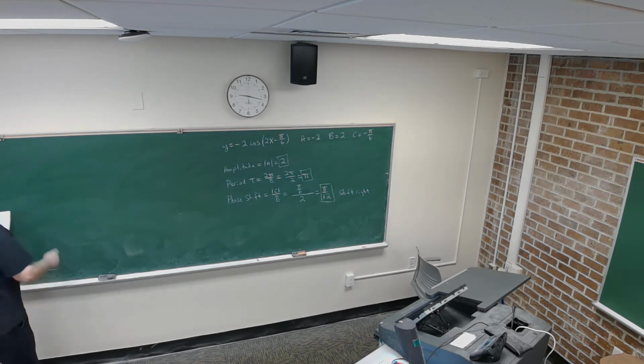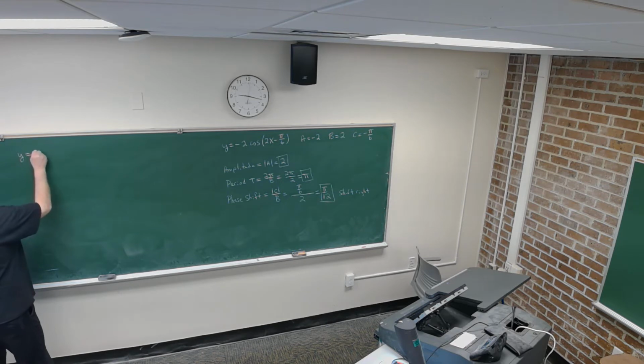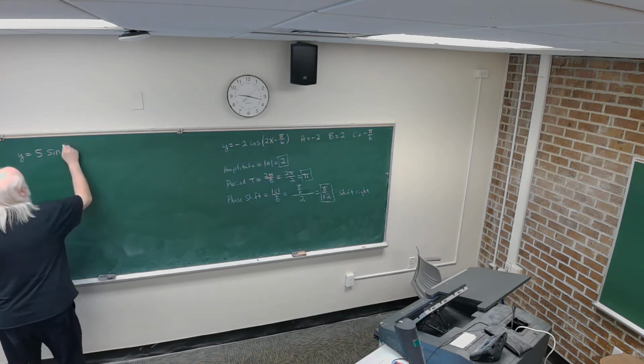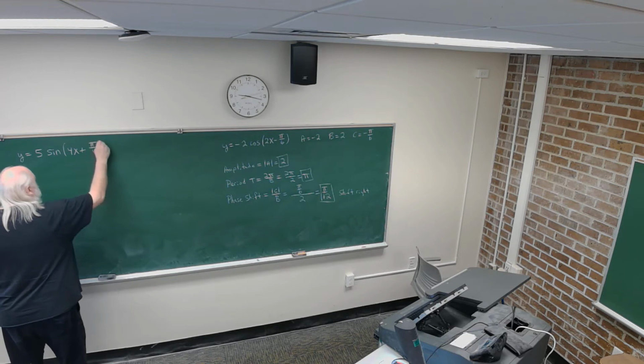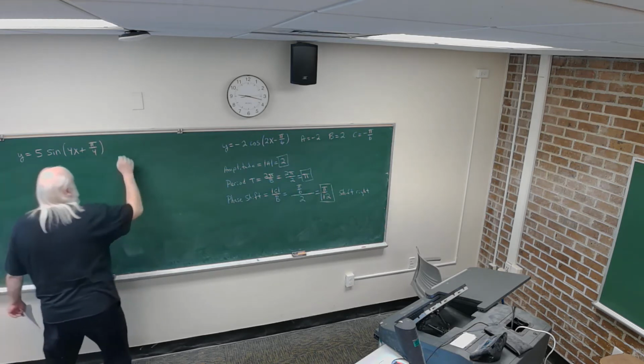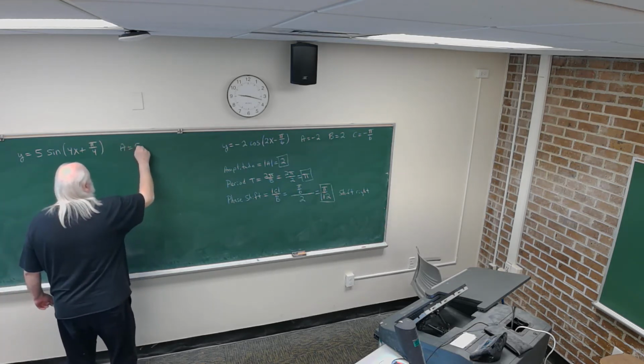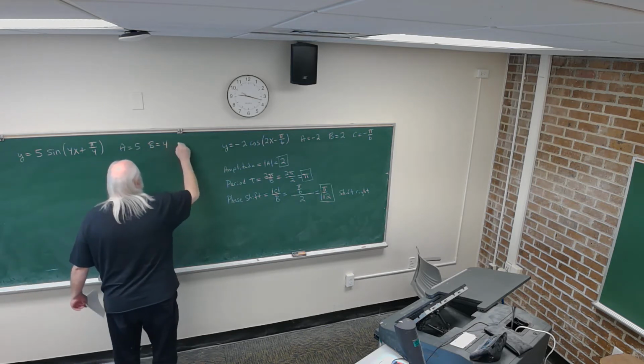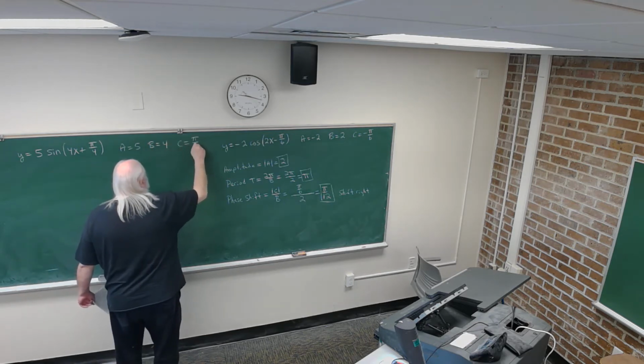And then lastly, we have y is equal to 5 times the sine of 4x plus pi over 4. So in this example, a is equal to 5, b is equal to 4, c is equal to pi over 4.